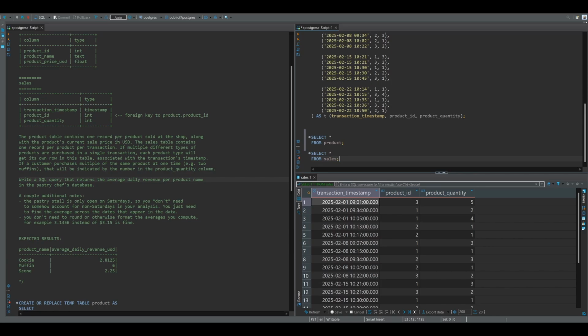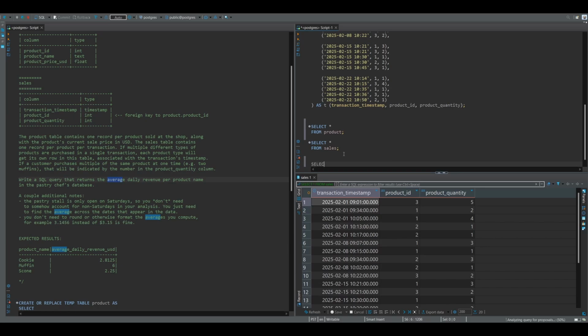We are being asked to calculate the average daily revenue per product name. So let's break that down a little bit. First off, we need to calculate an average of some kind. So let's go ahead and pencil that in, kind of a stub query here.